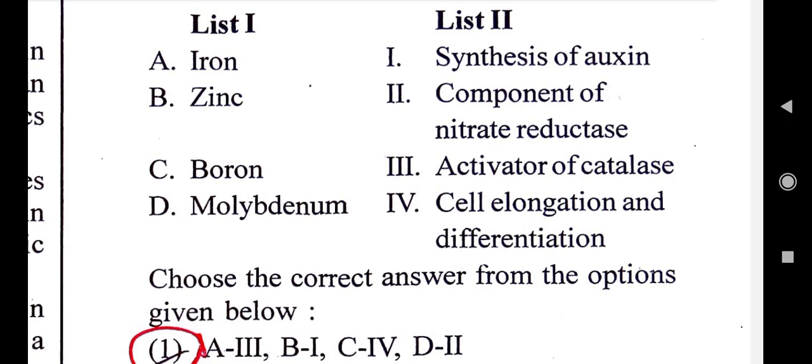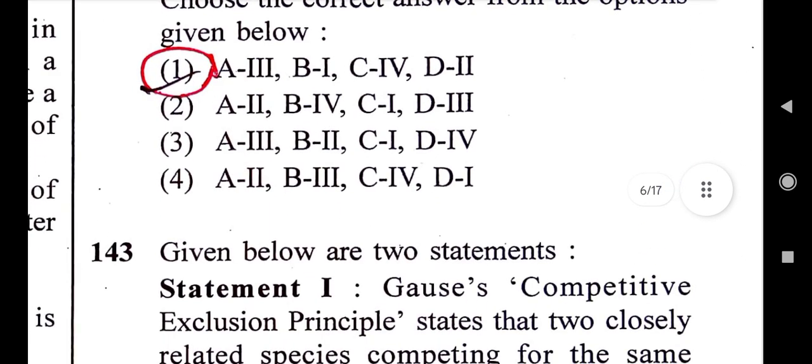Option B, iron matches with synthesis of oxygen. Option C, boron, matches with 4, cell elongation and differentiation. Option D, molybdenum, matches with option 2, component of nitrate reductase. Dear students, option 1 is the correct option, the others are wrong.